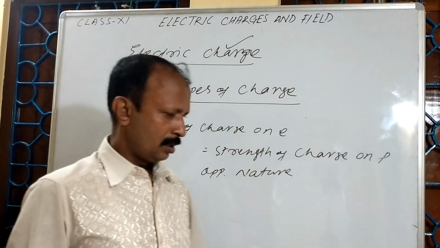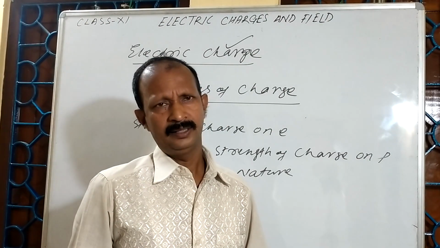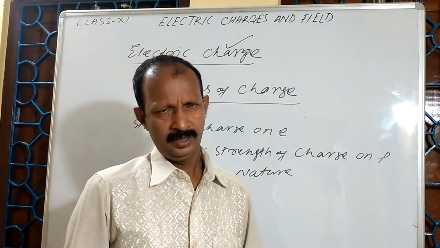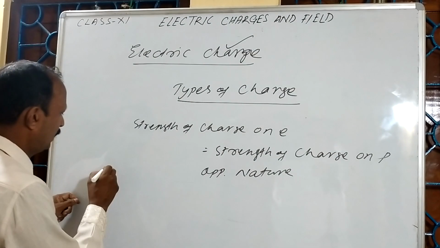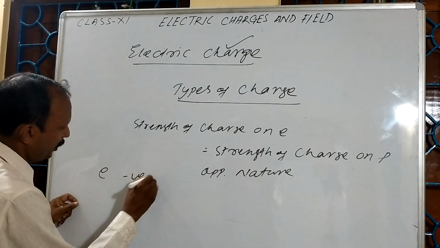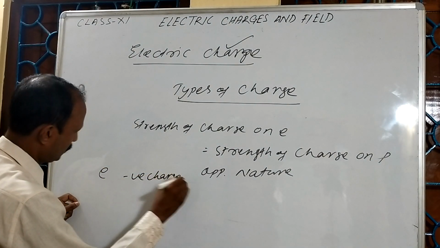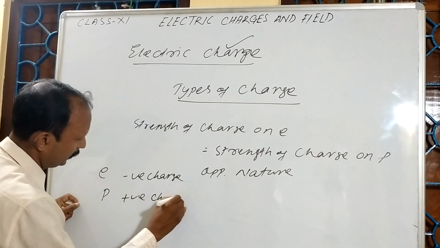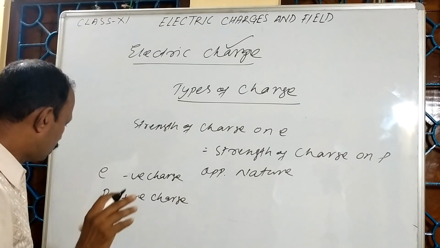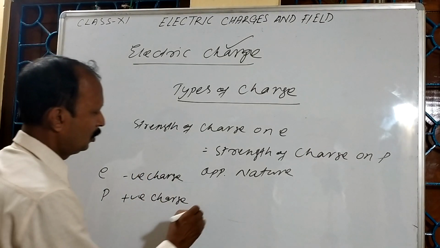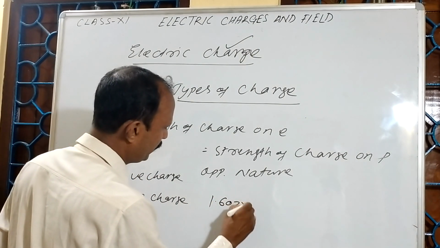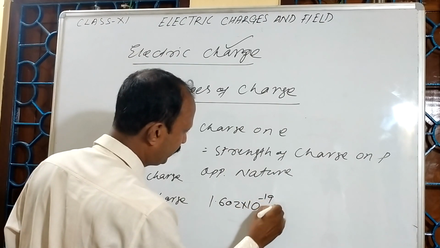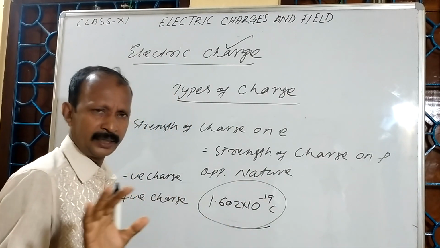So conventionally, arbitrarily, we have accepted electron as negative charge, proton as positive charge. Both charges are equal, 1.602 into 10 to the power minus 19 coulomb, no doubt at all.